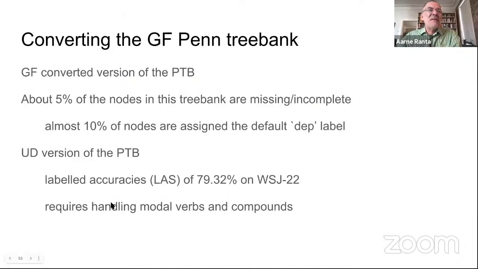But there was some more work to be done with modal verbs and also with compounds, which is another tricky chapter in UD. In GF you often create these multi-word expressions as atomic expressions, but for UD they have to be split into their different tokens.